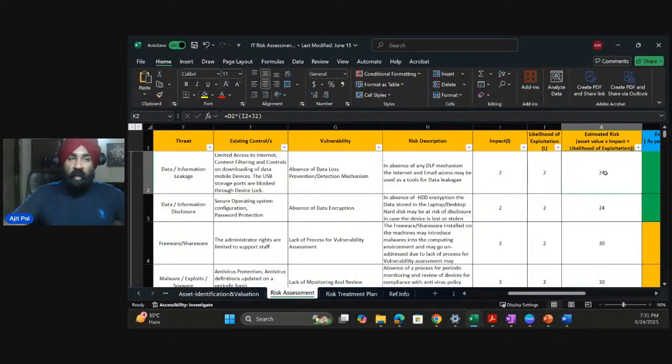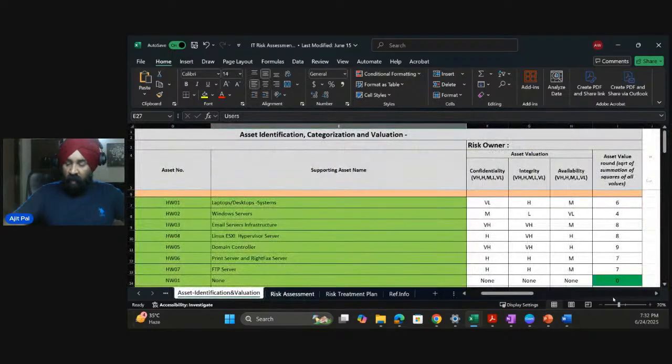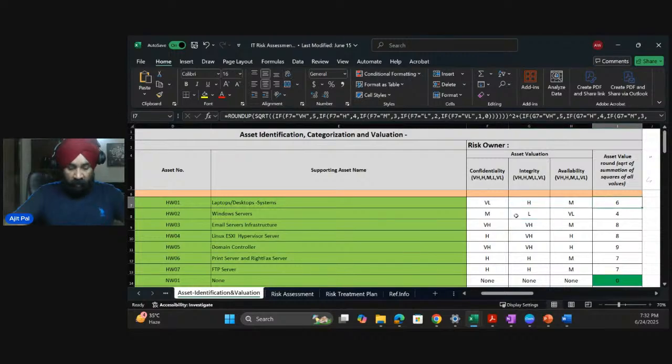I have been a part of many risk assessment processes and a lot of audits. In most organizations, you will find risk assessment being used. The values may differ, the ratings may differ, but all organizations do it like that. First is asset identification and giving the value.